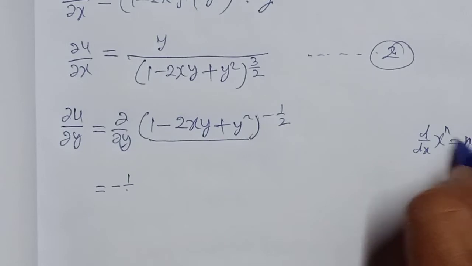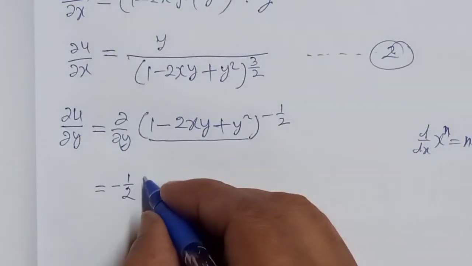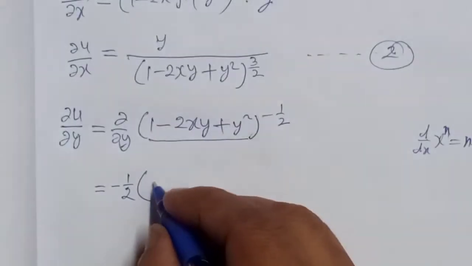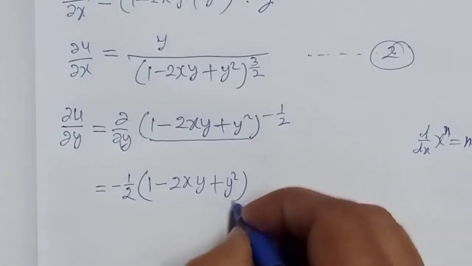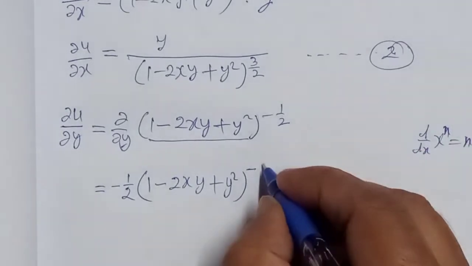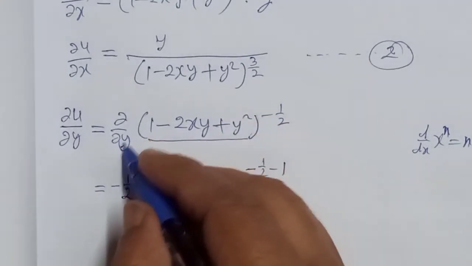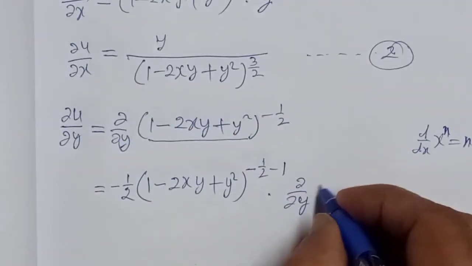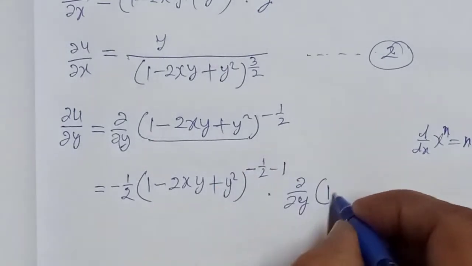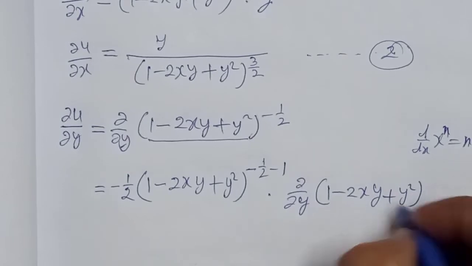Apply this formula here, where n is equal to minus 1 by 2, and consider this value as y. So write this value and apply this formula with n minus 1. This is not y, so we must differentiate this value with respect to y partially according to the chain rule.